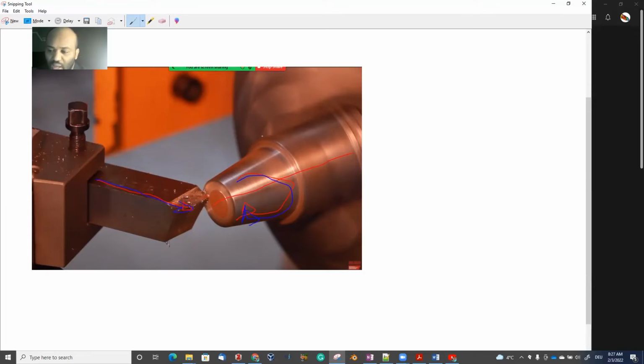At the same time, the tool is also moving in this direction. This direction is called feed.